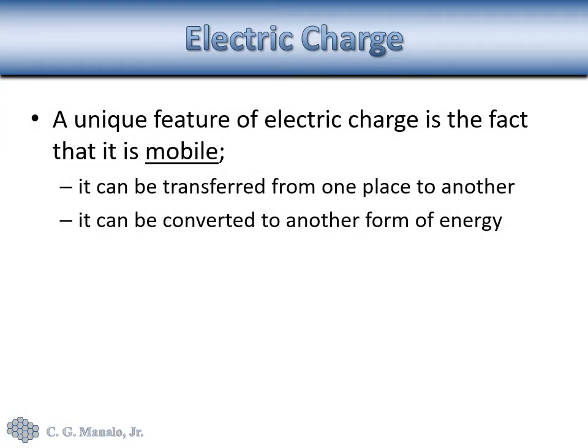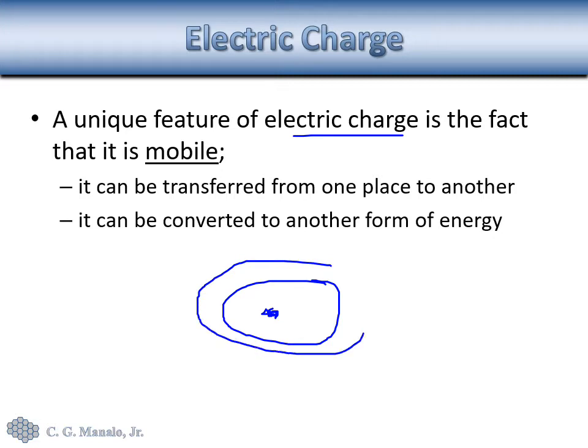Now, the unique feature about an electric charge is that they are mobile. So what do you mean by this? Take note that in your physics days, you learned the atomic structure, and in that structure there is a nucleus composed of protons and neutrons, and around it orbit electrons.